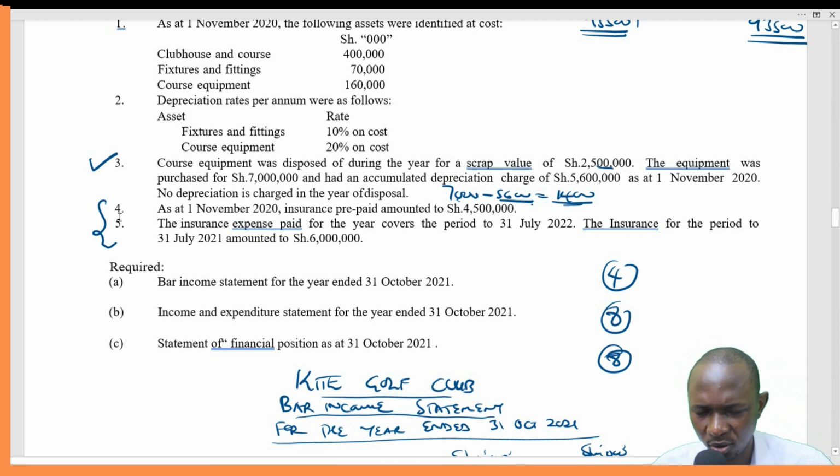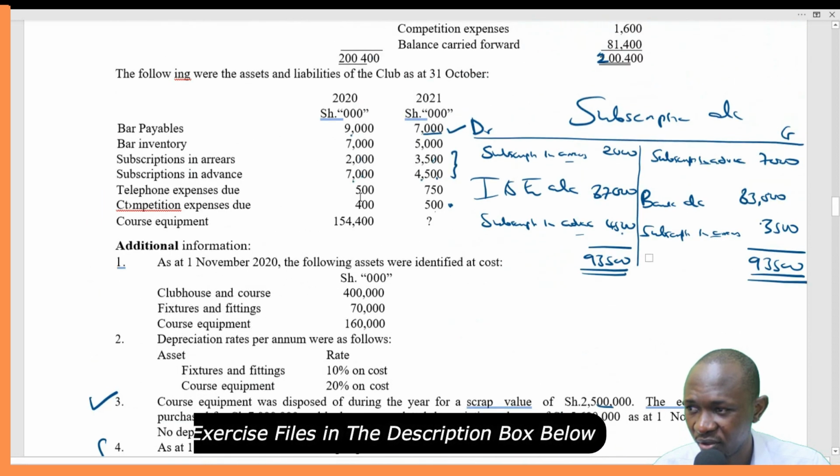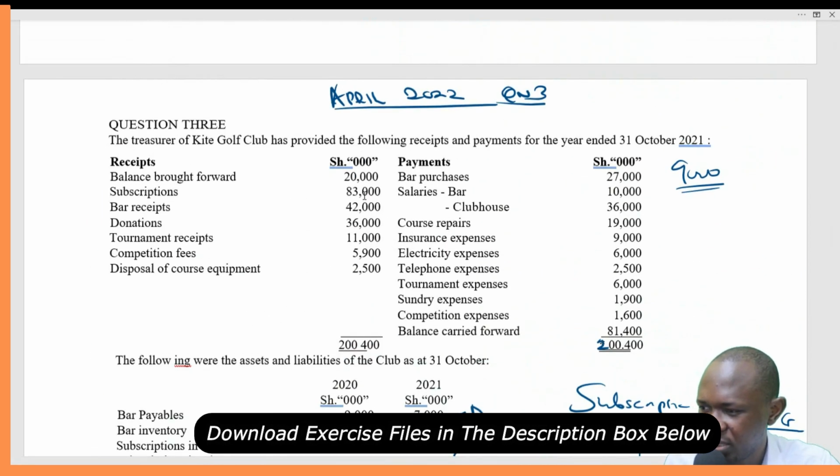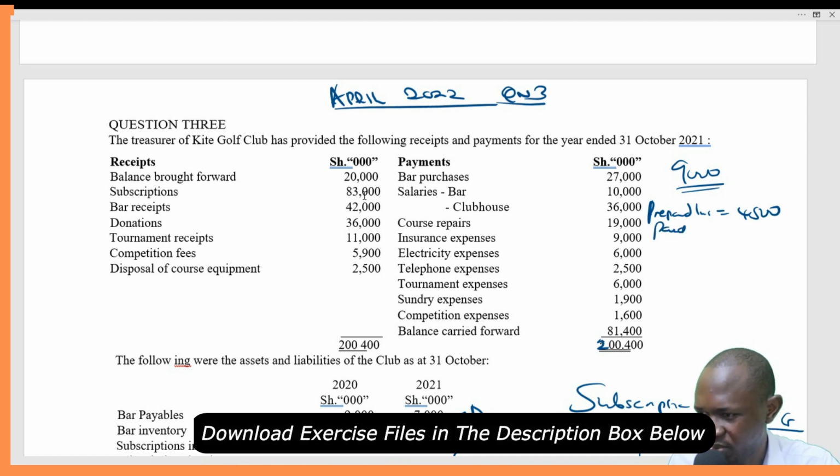So this is going to be a good subject. As at 1st November 2020, insurance prepaid amounted to 4,500. That's the beginning of the year. So prepaid insurance is 4,500.